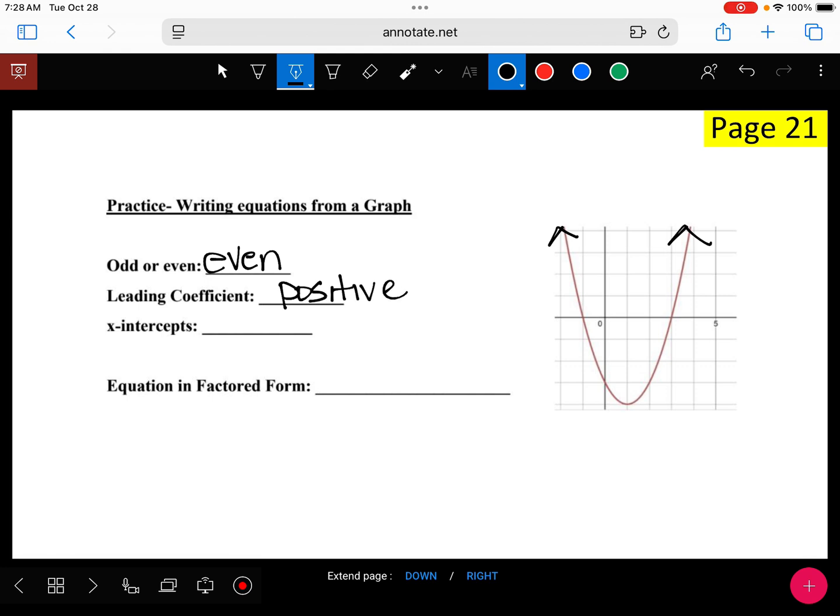Now, we only have 2 x-intercepts. Whenever it's an x-intercept, we have to write it as an ordered pair. So the first time is right here, and that's -1, 0. The second time it crosses is right here, and that's +3, 0.